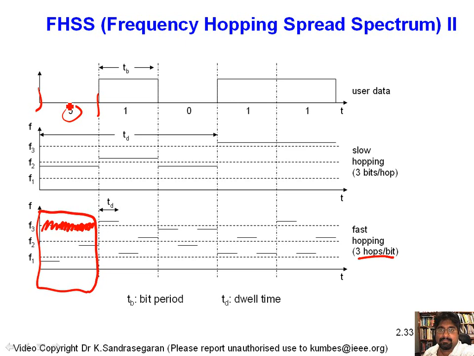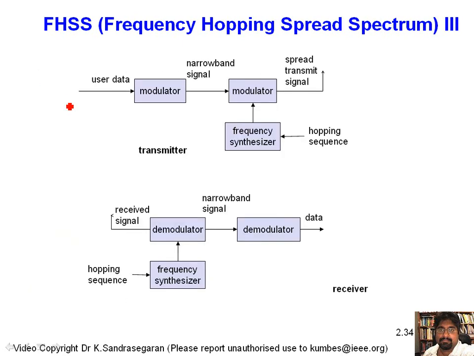So this is frequency hopping spread spectrum, where instead of multiplying your binary data with a chipping sequence, you hop your carrier frequencies, and from the perspective of somebody observing the system, it looks as if the user is hogging the entire band of frequencies.